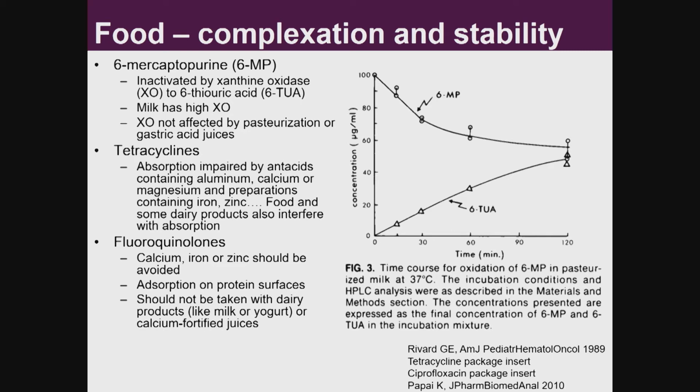Tetracyclines often complex with metal ions, magnesium, iron, calcium, and so this prevents absorption of this class of antibiotics. And finally, fluoroquinolones also complex with these metal ions, but in addition, recent publications show that absorption of the fluoroquinolones on the protein surface of milk actually is a bigger effect than complexation with these metal ions.